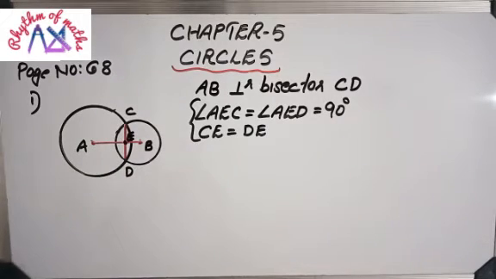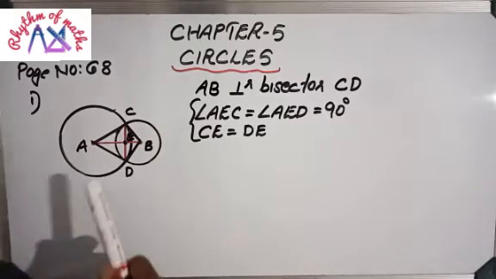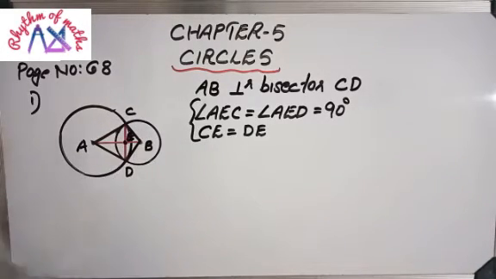So for that, let's join the radius A to C, C to B, then A to D and D to B. Like this. Okay, AC, CB, AD, DB. Now in order to prove this, we are using the concept of equal triangles, which you have learned in 8th standard.